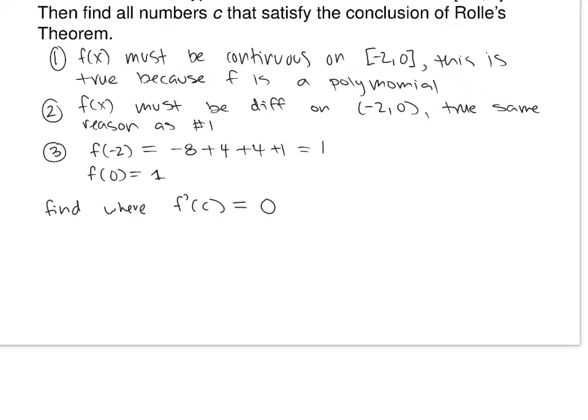Like, really? No. It's just the derivative with c plugged in instead of x, right? So what is the derivative? 3x squared plus 2x minus 2. I'm just going to use c's, so 3c squared plus 2c minus 2 equals 0.